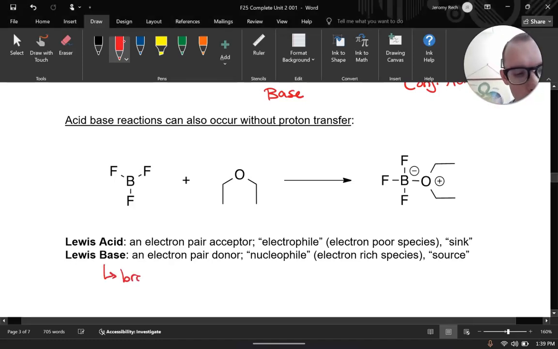I'll write that down. So a broader version of our Lowry-Bronsted.